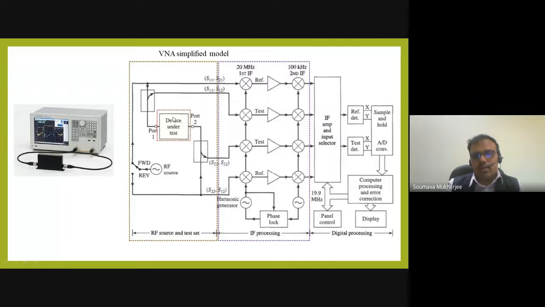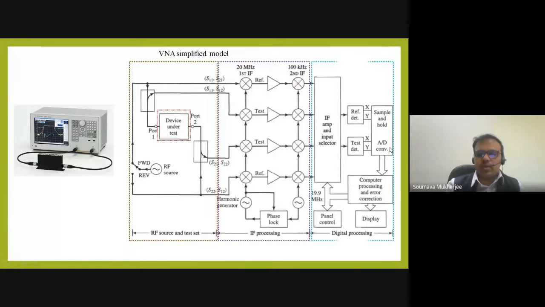All these errors we can calculate here and display the actual result instead of whatever is getting recorded in the measured result. So just to implement this digital processing, we are using a multi-stage mixer to convert this gigahertz range signal into a kilohertz range signal, and then we are doing the A to D conversion.